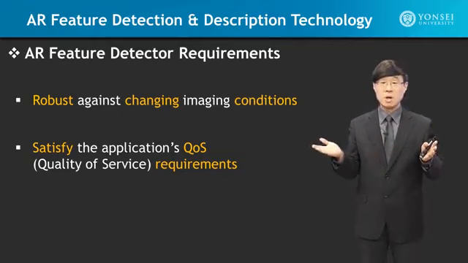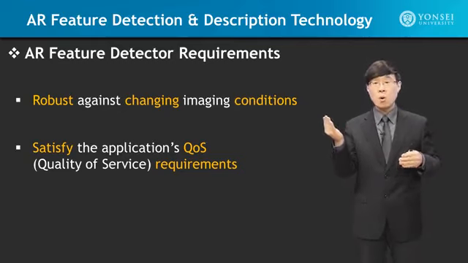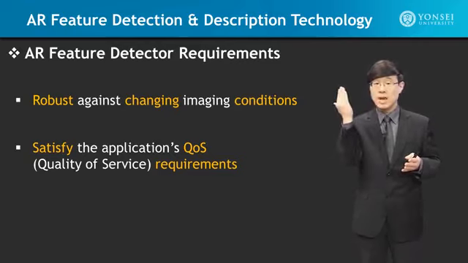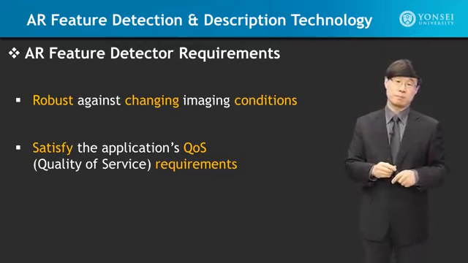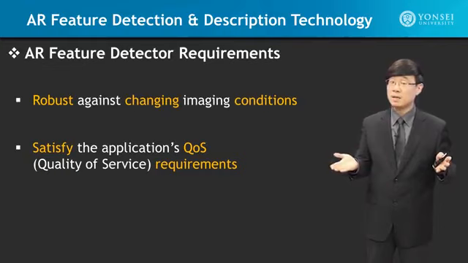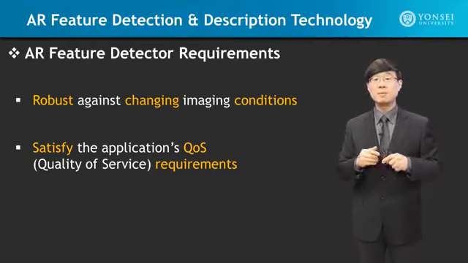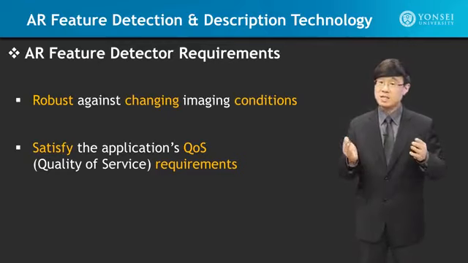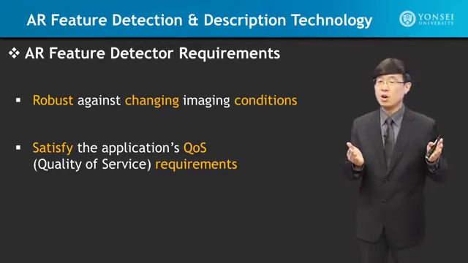The augmented information, or the augmented object that is going to be added onto the real-world view, has to be displayed immediately. How immediate? Well, down to the level of maybe 10 to 50 milliseconds. It needs to be that fast or even faster.